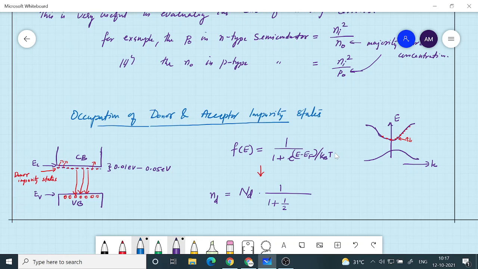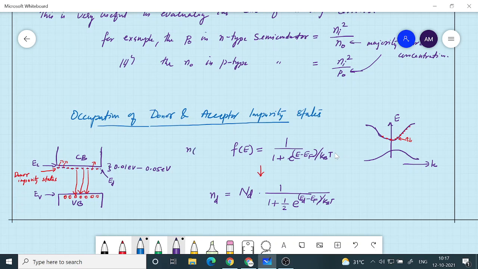This is the additional thing, into e raised to the energy. This energy level is also called Ed, so Ed minus Ef by kBT.